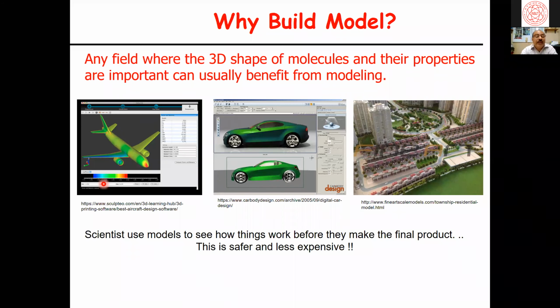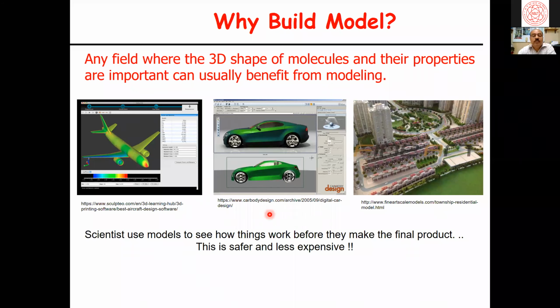They have to first do a lot of modeling. They have to study each and every aspect: how the aerodynamics is going to work out, what the wingspan will be, how the tail is going to be placed. They study all these aspects before a single bolt is fitted.